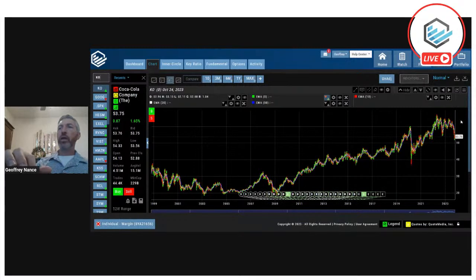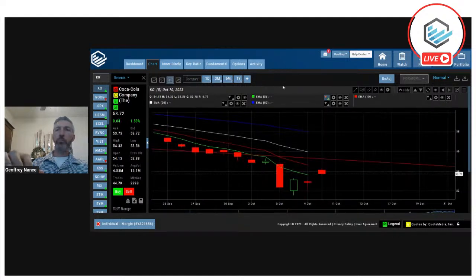And they do a 2-for-1 split. So when Coca-Cola does a 2-for-1 split, let's assume we had 1,000 shares. Coca-Cola does that split, and then all of a sudden the stock goes back up. So the stock dropped from $20 down to $10.